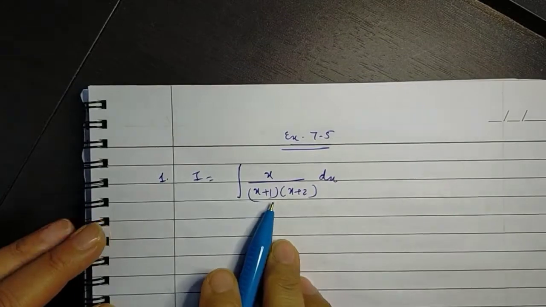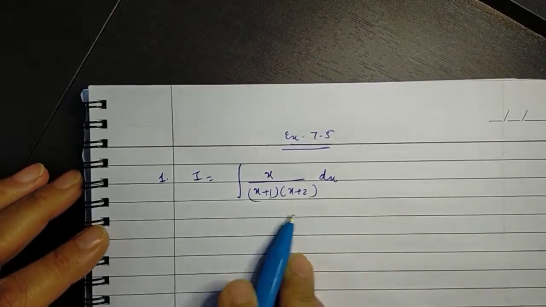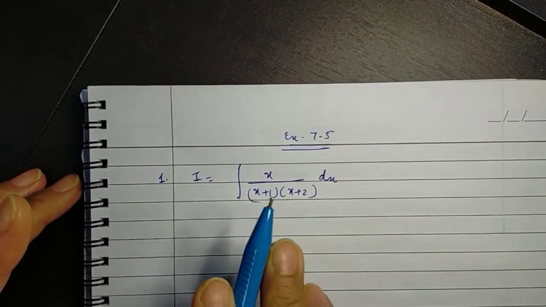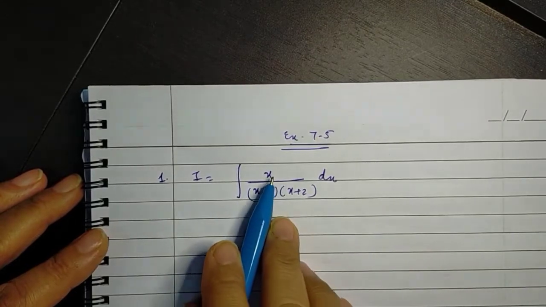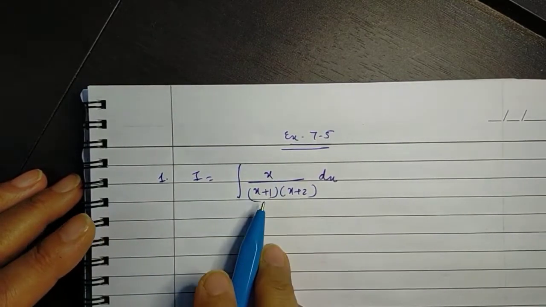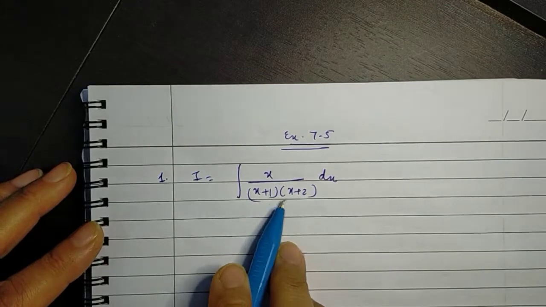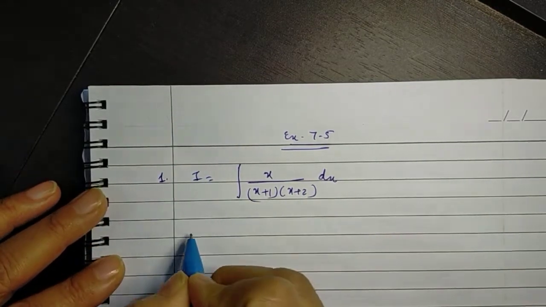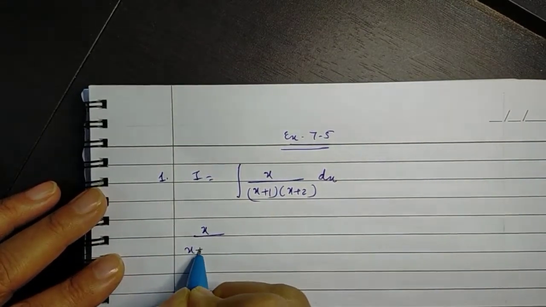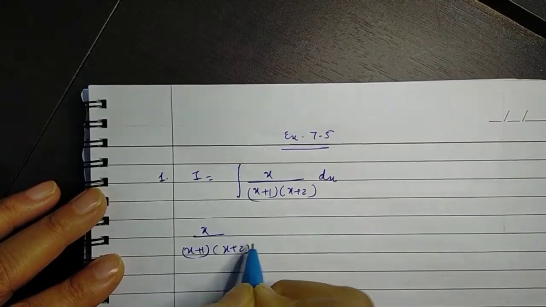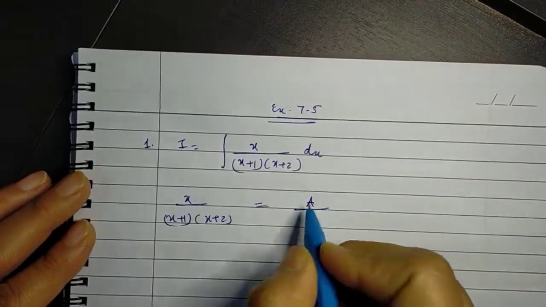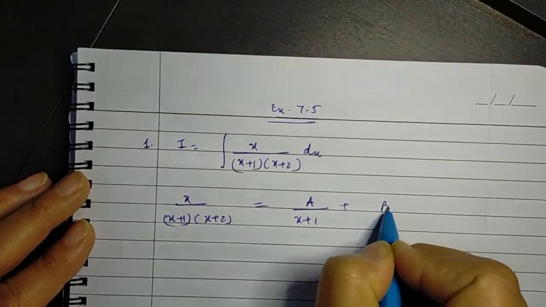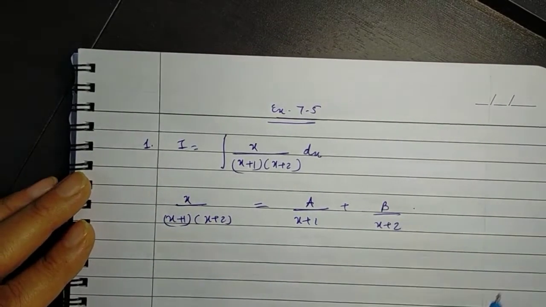Now clearly the denominator is already given in the factorized form. Also it is a proper rational function because the degree of numerator is 1, whereas that of the denominator is 2. So first of all we resolve this into partial fractions, and this is of the first category. So we write it as a upon x plus 1 plus b upon x plus 2.